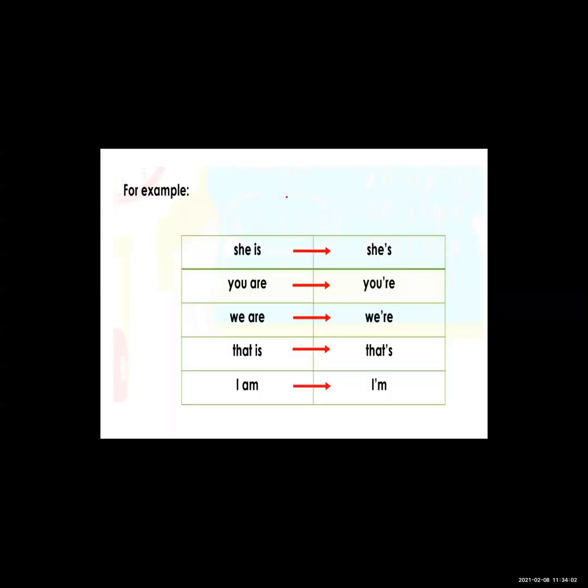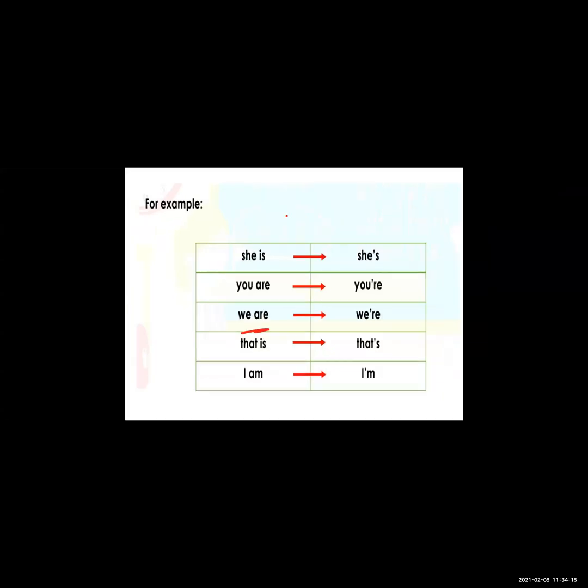Let us see the examples. She is, here you replace I with an apostrophe. You are, replace A with an apostrophe. We are, here also replace this A with an apostrophe. That is, replace I with an apostrophe. I am, replace A with an apostrophe.